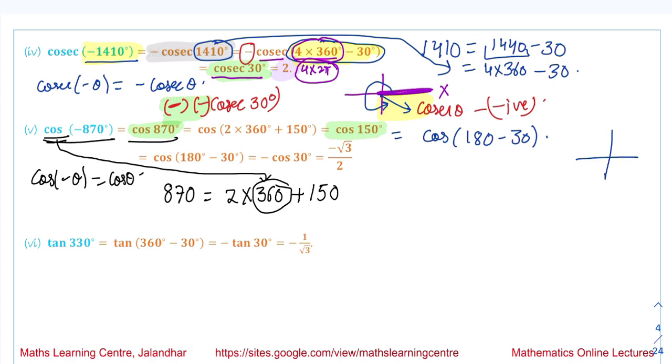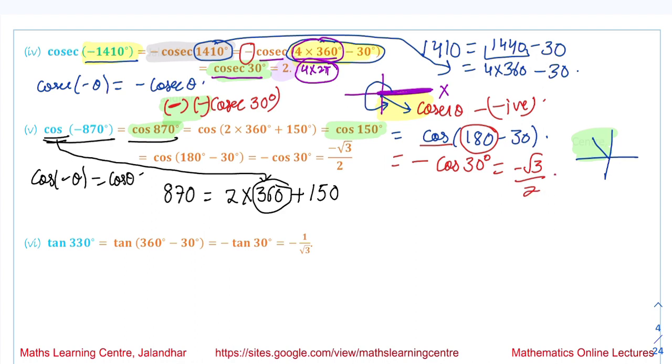Now again 180 minus 30 means this value lies in the second quadrant. The answer will be negative. It is 180 over here, so this cos will remain as it is. So we get minus of cos 30 degree, and this is equal to minus root 3 by 2.